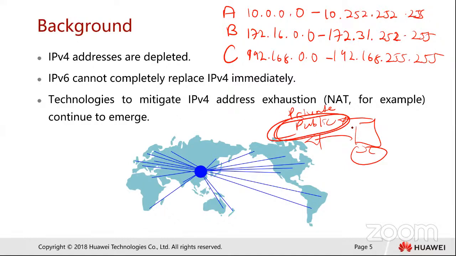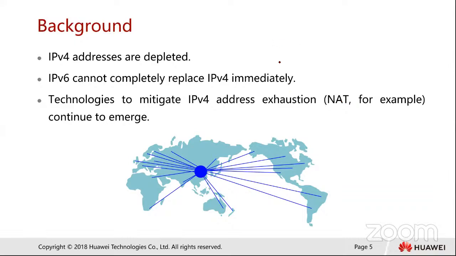And these public IP addresses are only issued by ISPs or authorized agencies. Not every individual can go and purchase their own public IP address, but they are issued by authorized agencies. For any computer to connect to the internet, you need to have a public IP address.